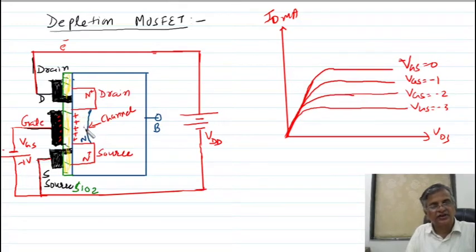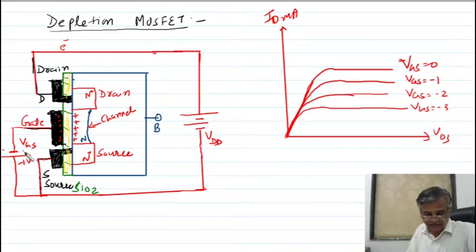As a result, current decreases, which you can see in this graph. This is called the channel being depleted. As a result, this MOSFET is called a depletion MOSFET.